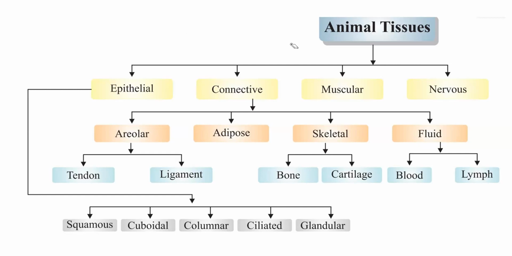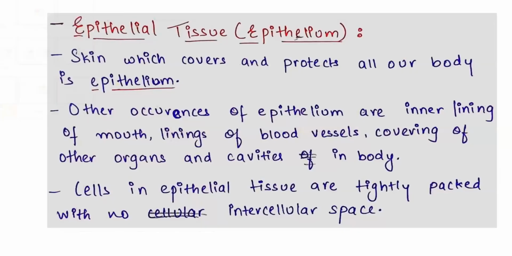Note this one. This one is the epithelial tissue. The epithelial tissue covers and protects all our body parts, like our skin, and it's called epithelium. Other occurrences of epithelial tissue are the inner lining of the mouth, the covering of organs like the kidney and the heart, blood vessels, and the covering of other organs and cavities.